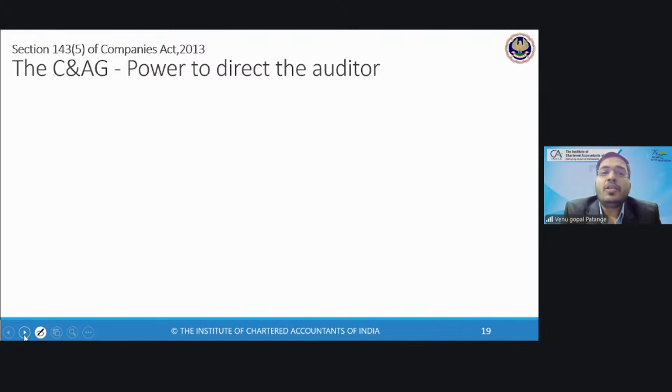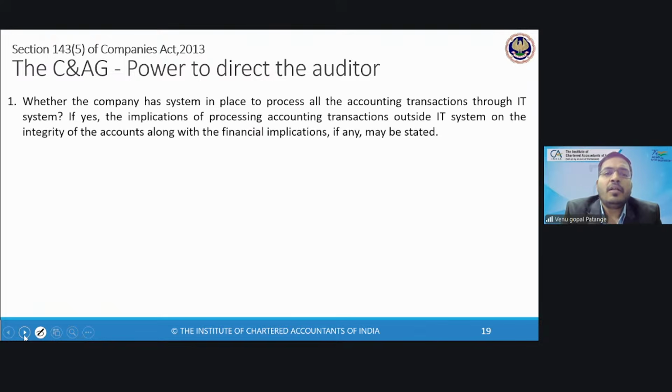Okay. So section 143(5) would have been covered, but here we'll see this. Whether the company has a system in place so that all accounting transactions happen through the IT system, and the implication of processing accounting transactions outside the IT system on the integrity of the accounts, along with the financial implications, if any, may be stated.